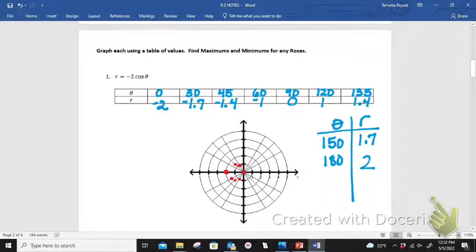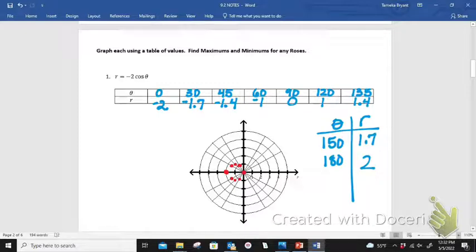Okay, so 135. Okay, so 150 is 1.7. Notice how at 180, it's a duplicate point. 0, -2, and 180, +2 is the same point.